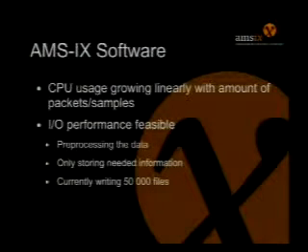I was thinking about maybe making a part of it in C and having a Perl thing around that, but that's something to think about. At AMS-IX it's really a lot of data we have to parse and store, and everybody else who has less shouldn't have any issues with CPU on that.